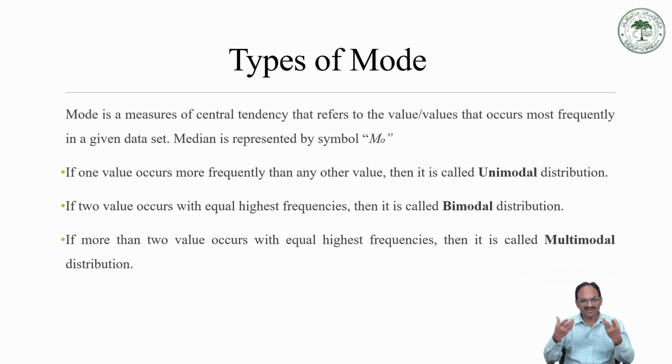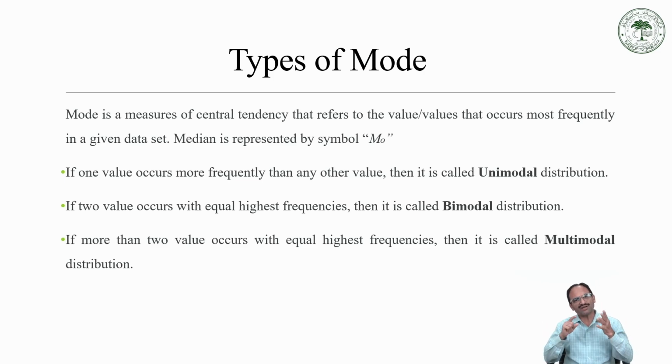So in that situation, it will neither be unimodal nor bimodal. Rather, it will be a multimodal distribution. So which distribution is a multimodal distribution? A data set in which there are more than two numbers appearing the same number of times. So that is multimodal distribution.